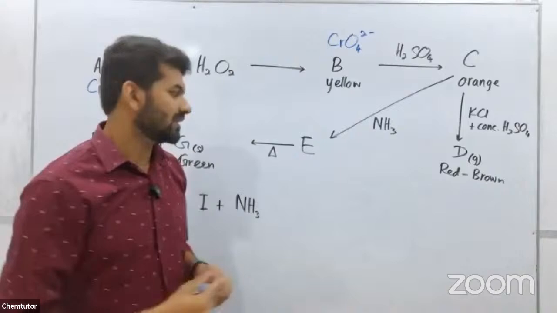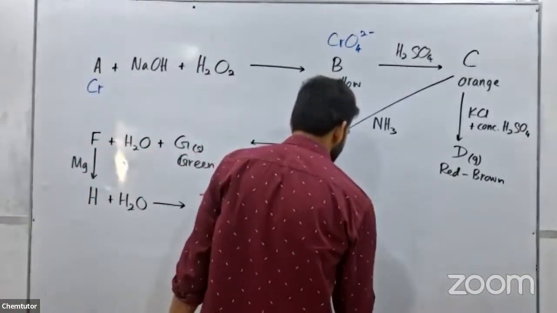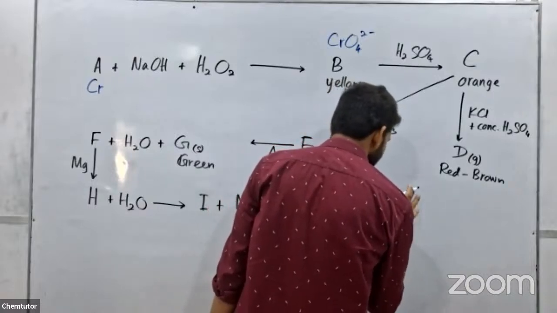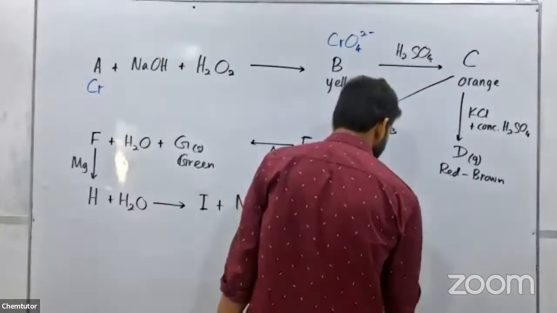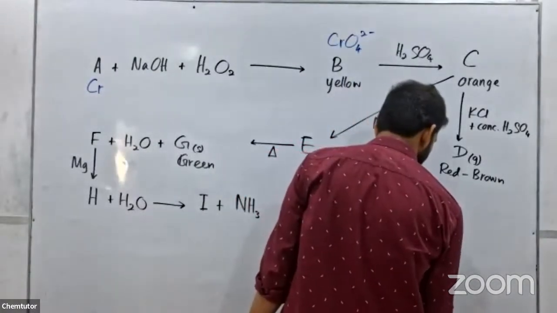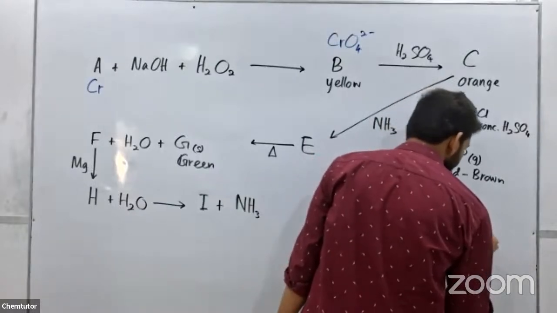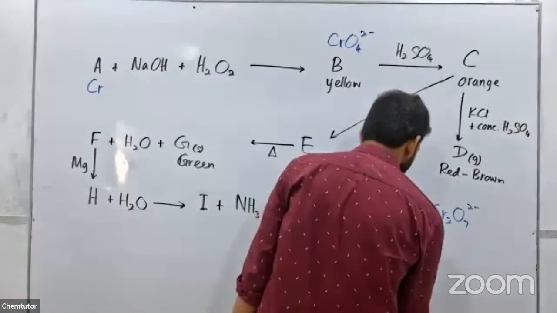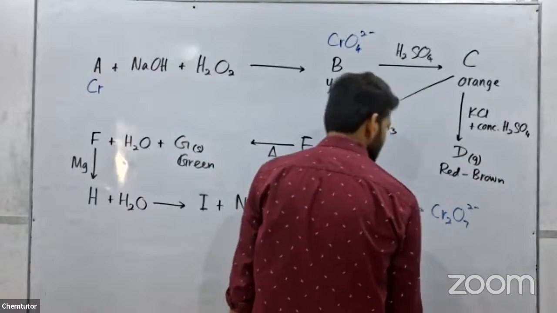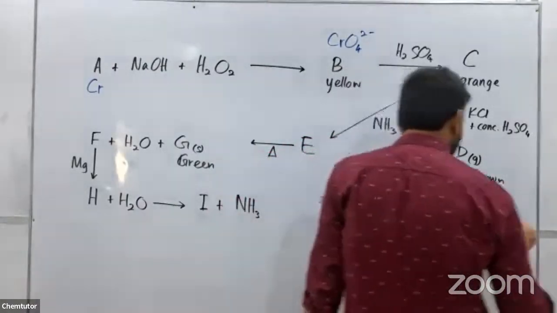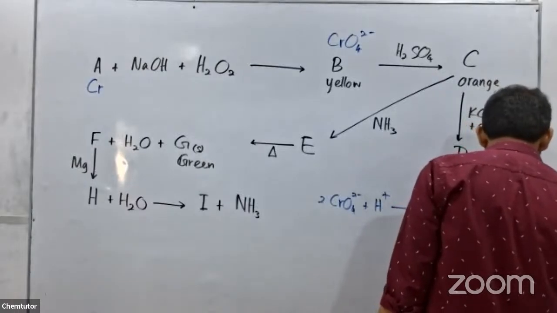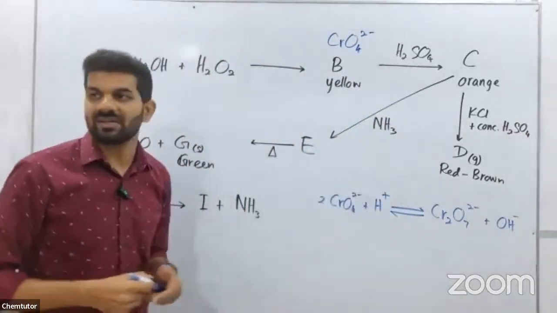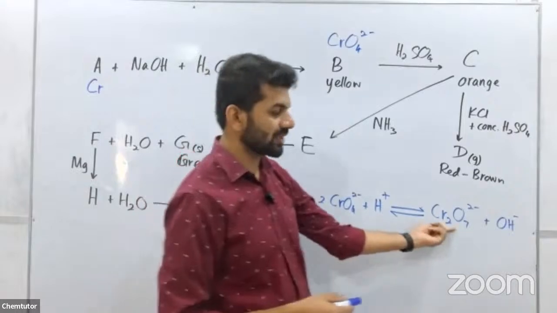The reaction is there: CrO4 2- in the presence of H+ turns into Cr2O7 2-. And Cr2O7 2- in the presence of OH- turns back into chromate. So it's a reversible reaction. This is yellow in color, this is orange in color.